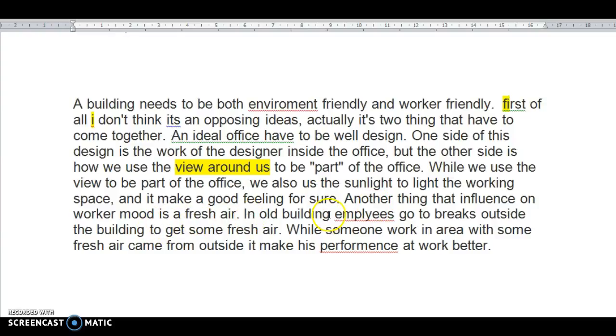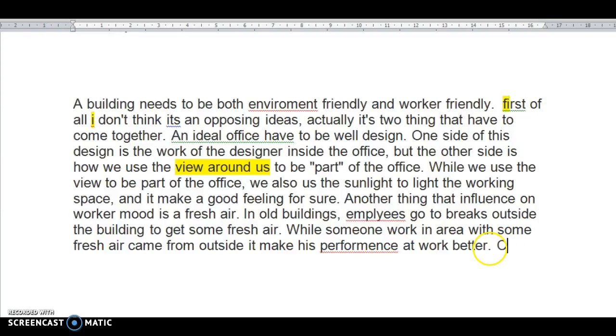In old buildings, employees go, where do they go? They go outside of the building for breaks to get some fresh air. While someone working in an area with some fresh air came from the outside, it makes his performance at work better. So I understand what you're saying, but what are we missing here?